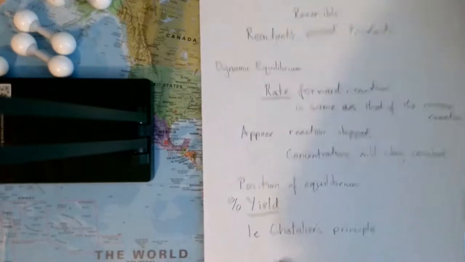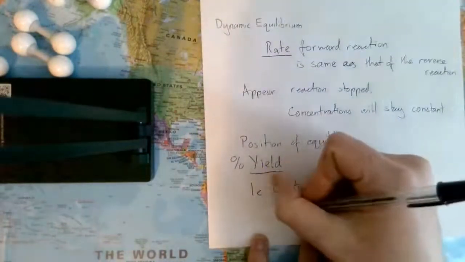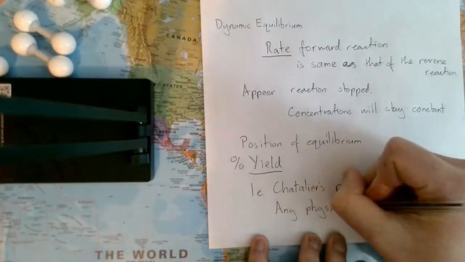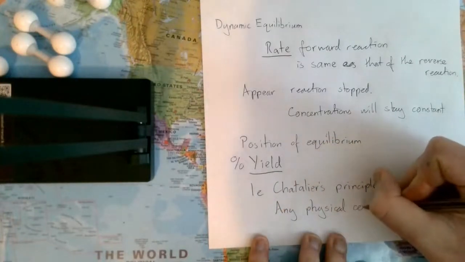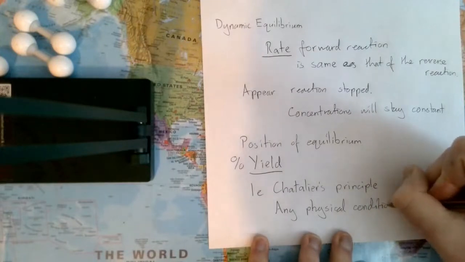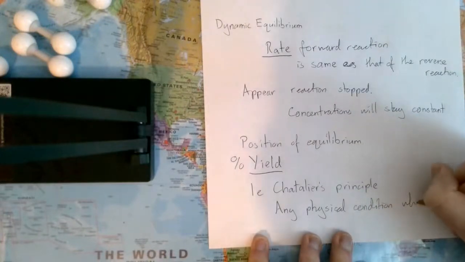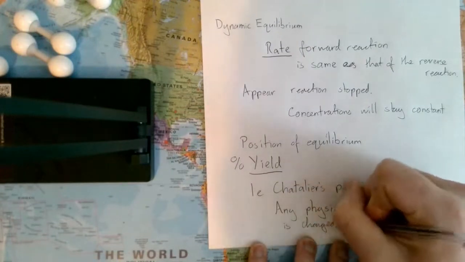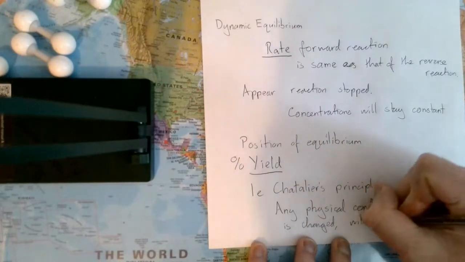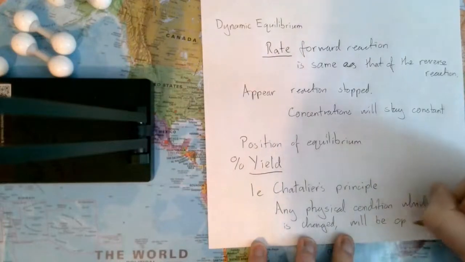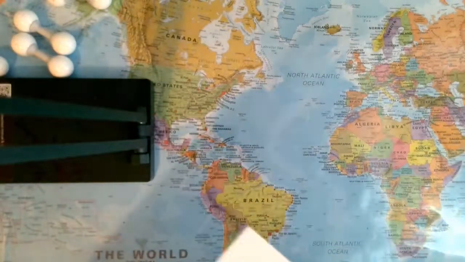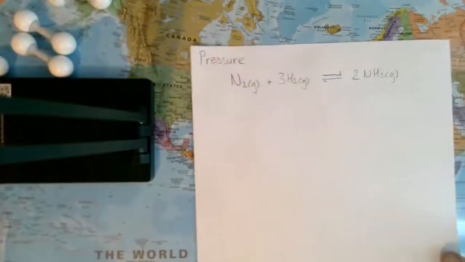But the key thing for you to know is that any physical condition which is changed, well, that will be opposed. And I'm going to try and give you some actual examples of that just now, starting off with pressure.